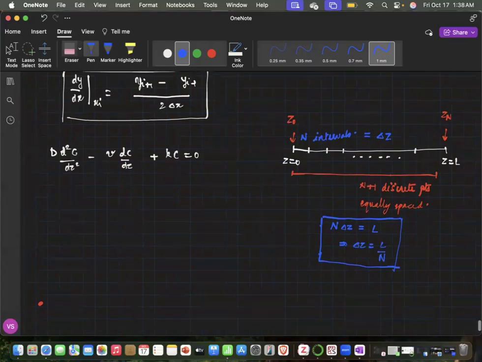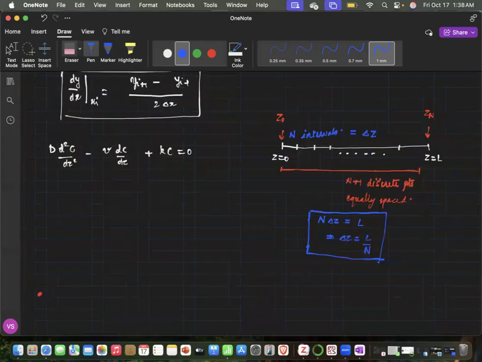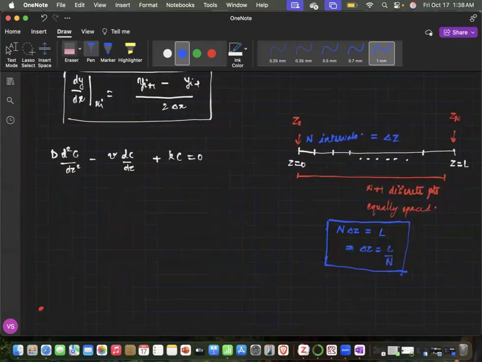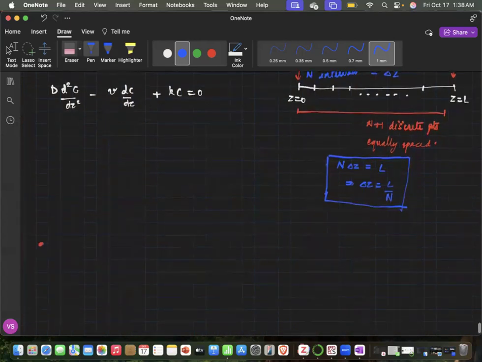In that case, you will have a different step size for the z direction, which would be L by n, and a different one for the y direction, which would be h by n, right? Or you would have a different number of points.